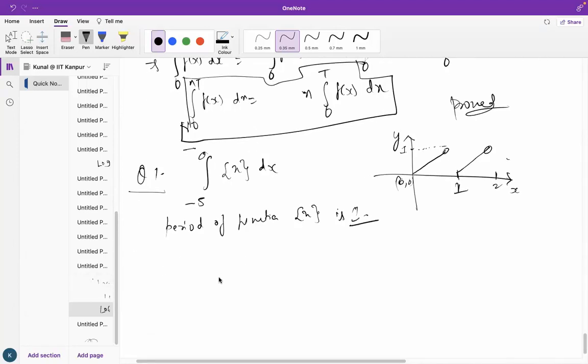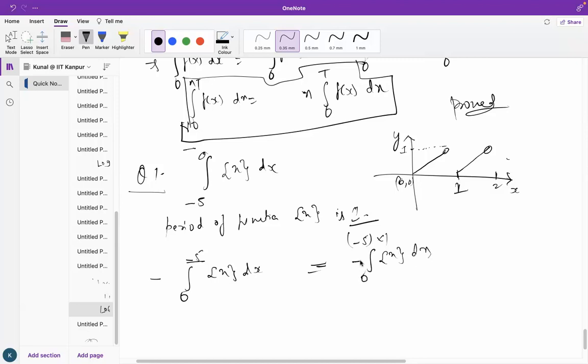What I'm trying to do here is interchange the limits. So we write the integral from -5 to 0 of the fractional part of x dx as 5 times the integral over one period of the fractional part of x dx.